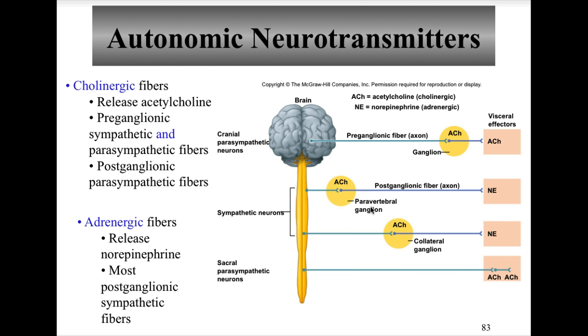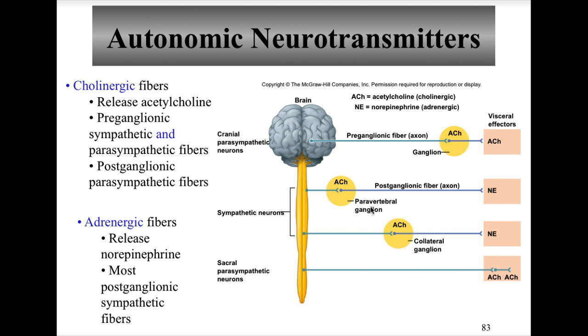So, the autonomic nervous system, the autonomic neurotransmitters. You have cholinergic fibers, which are going to release acetylcholine, and those are the preganglionic sympathetic and parasympathetic fibers, and postganglionic parasympathetic fibers.